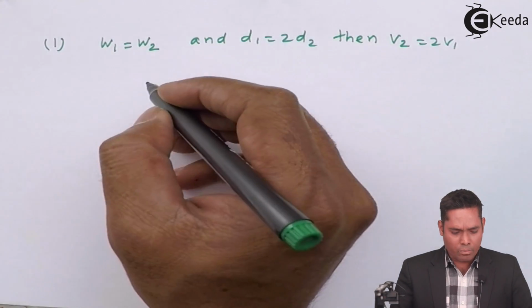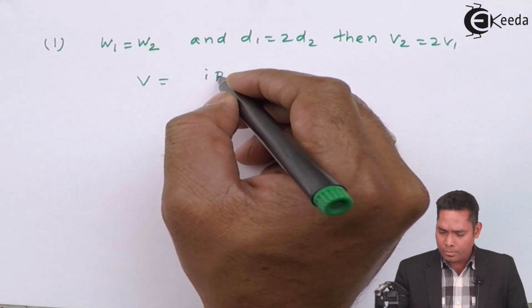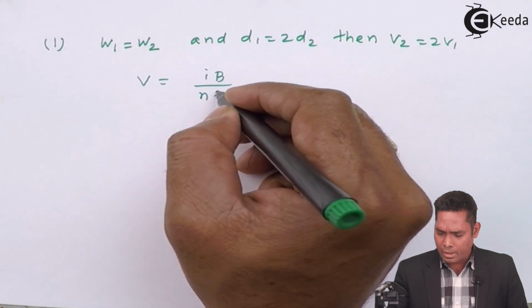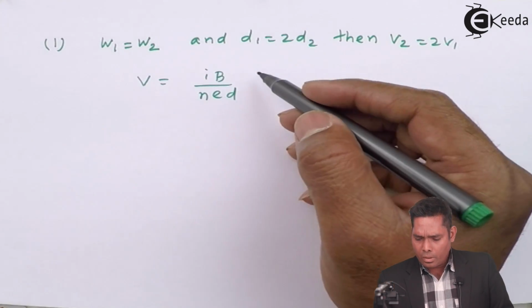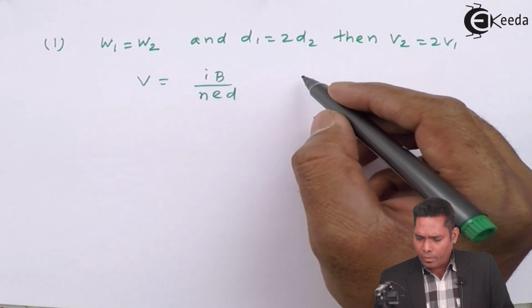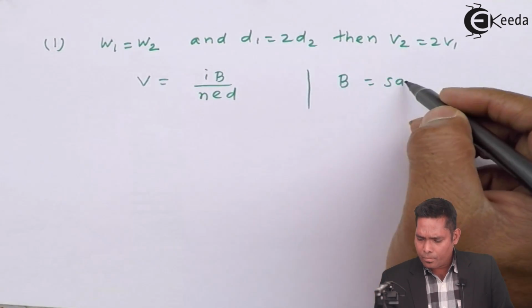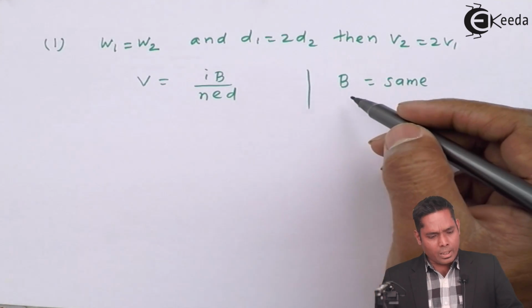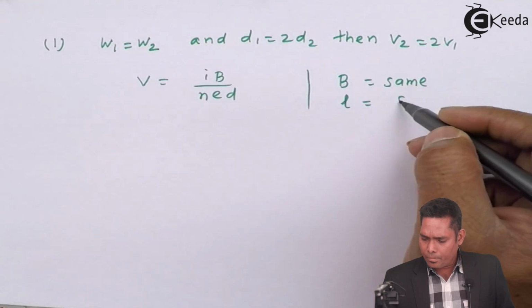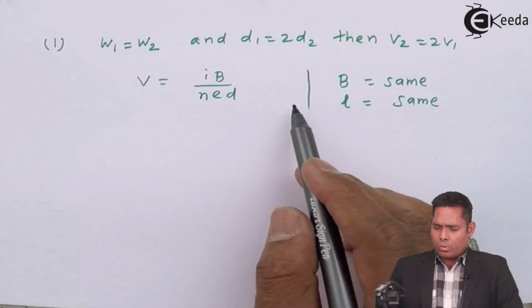So length and B will stay the same in the expression that we have just derived, V equals IB divided by NED. D is the depth, and in this case what is given in the question is B is same and the length L is same. Again it is independent of L, so only B is same.